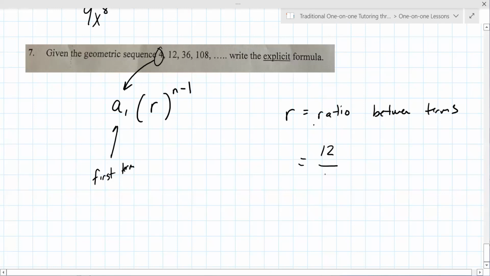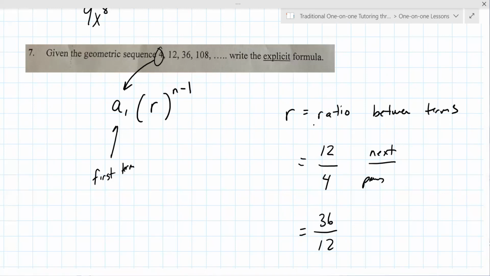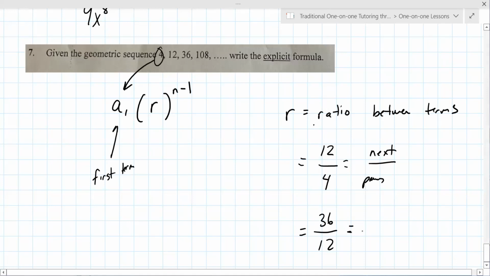It's like 12 divided by 4. It's the next divided by the previous, and then it's 36 over 12. And what you're hoping is that these are the same. So is 12 divided by 4 the same as 36 divided by 12? Yes. And what does that reduce to? 3. Good.